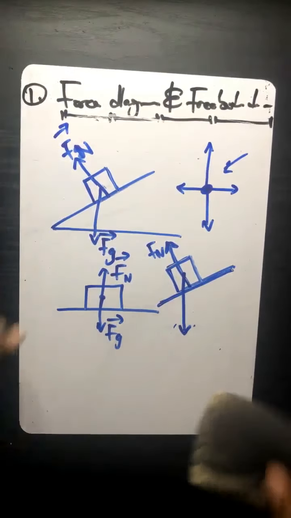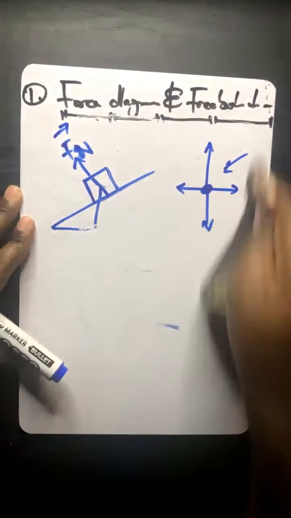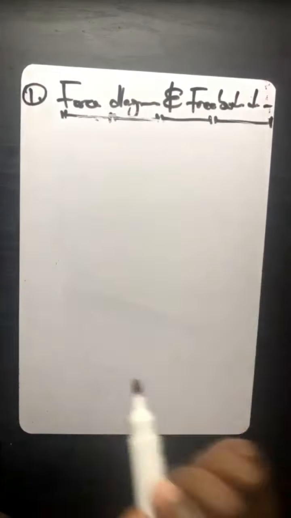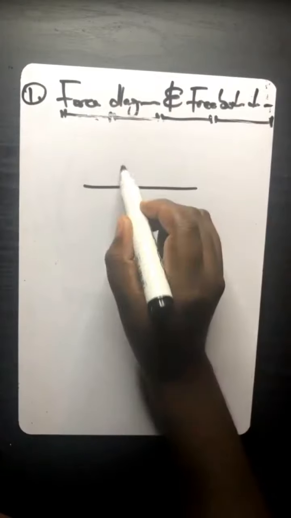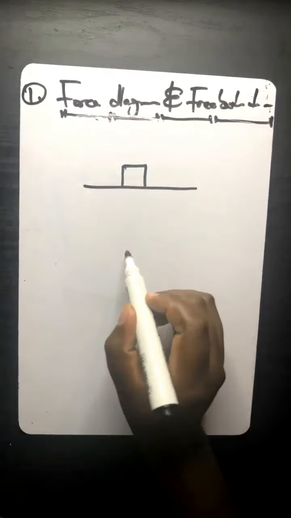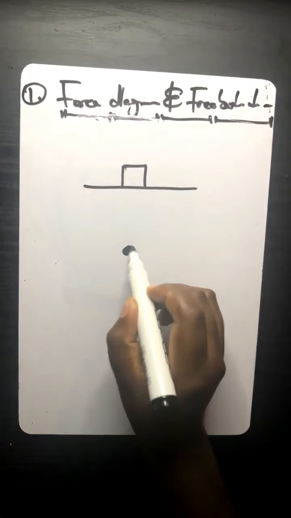So guys, I just want to show you something very interesting. This is going to blow your mind. Let's say we've got an object on a surface, let me just draw this. Let's draw a free body diagram for that object. So obviously we represent it by a dot.